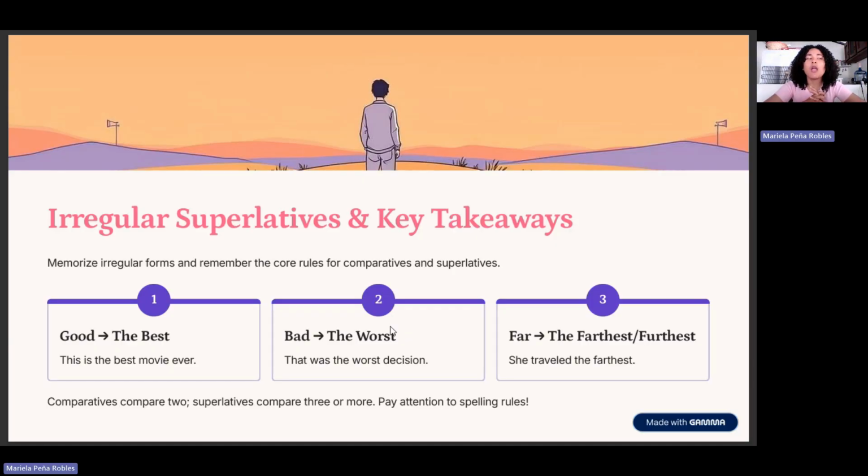In summary, comparatives compare two items, whereas superlatives compare three or more items. Although many follow predictable spelling rules, it is important to pay attention to exceptions and irregular forms. Understanding how to form and use comparatives and superlatives correctly allows English speakers to communicate descriptions more effectively and naturally.